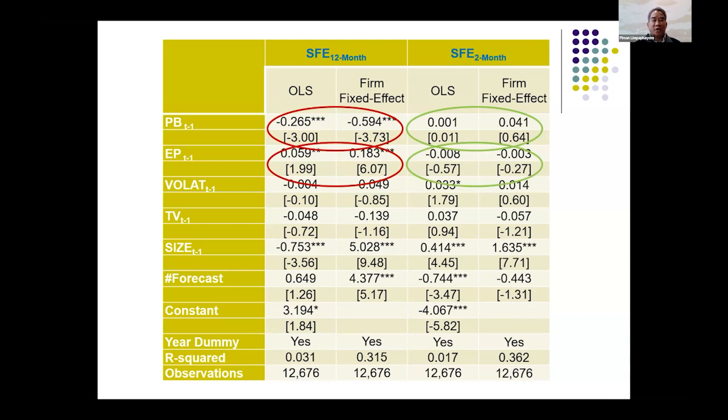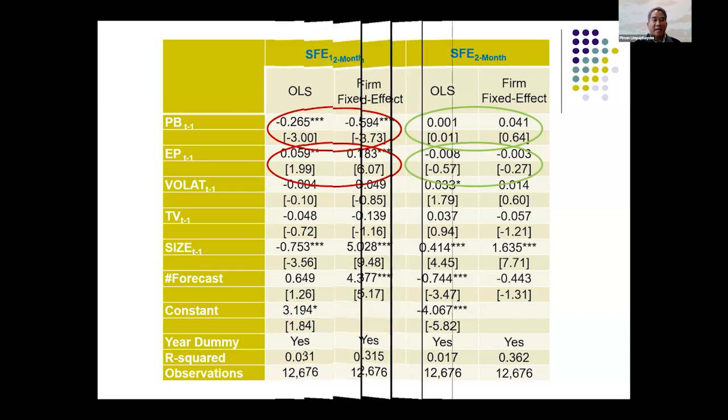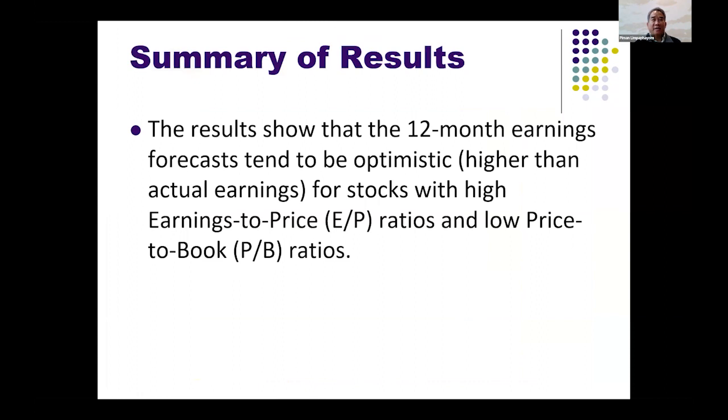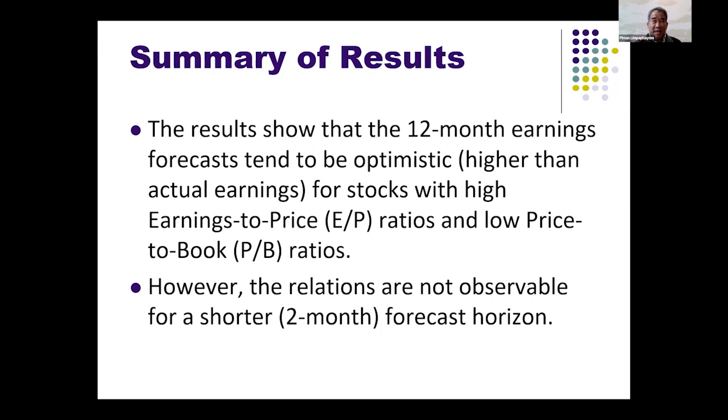So it actually shows that analysts do exhibit behavioral biases. They tend to be too optimistic, forecasting a lot of positive earnings when the stock market is doing well. They tend to be pessimistic when the stock market's not doing so well, on average.